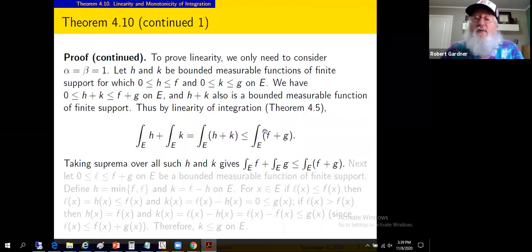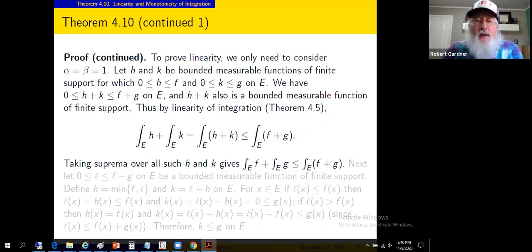So this integral is defined as a sup of things like this. This is one of those things in that set of which you take a sup to define the integral on the right. So it's less than or equal to the sup. That's all we're using there. Again, an inequality comes from a sup definition of integrals, not from any kind of monotonicity, because we don't have monotonicity just yet, but we're getting there.